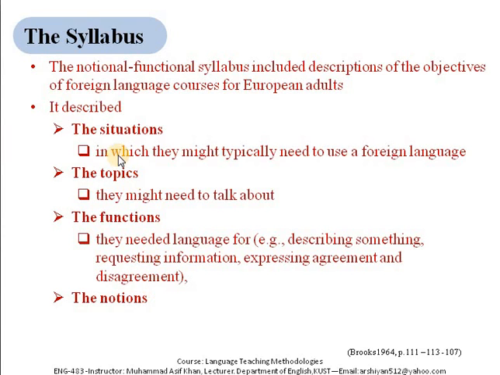In situations, we see where learners might typically need to use a foreign language, for example when we go somewhere, when we travel, or when we are on a business trip. They also included the topics learners might need to talk about, like personal identification, education and shopping.